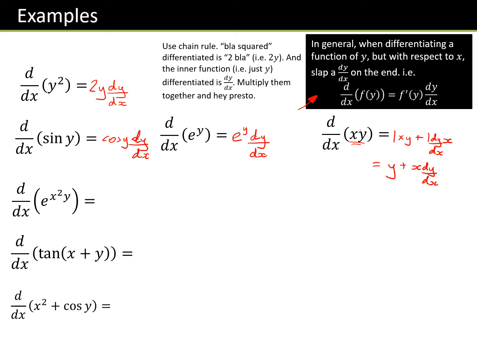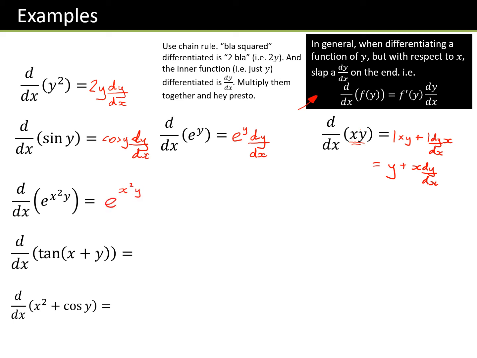Now here, if you're differentiating e to the x squared y, the power is not a nice power, is it? If you were to have just x in this power, e to the x differentiated is e to the x.